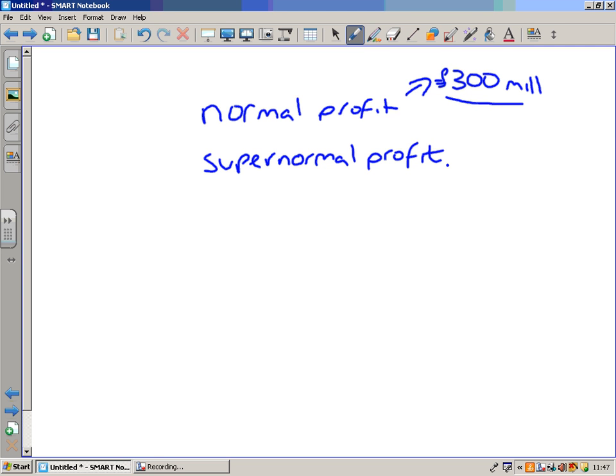That's normal profit. Supernormal profit is profit over normal profit. So if our business now earns £500 million profit, and the next best alternative or the opportunity cost would only earn them £300 million profit, they're earning £200 million supernormal profit.